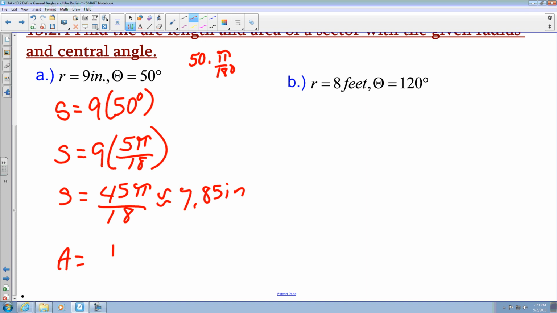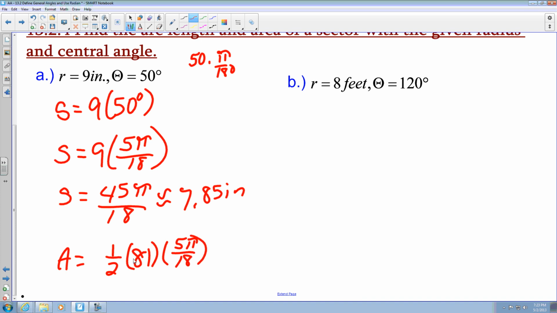1/2 times r squared, so that's 81, and then I have theta in radians, 5 pi over 18.